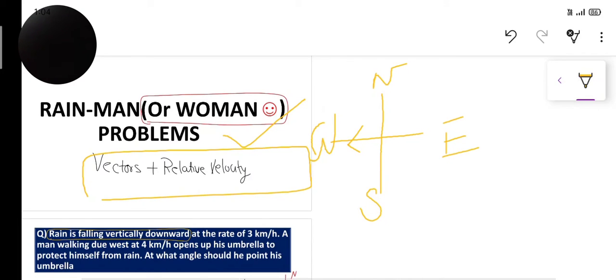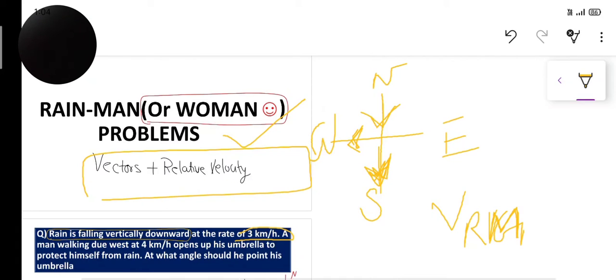Rain is falling vertically down, so it means like this. Rain is falling vertically down at the rate of 3 km per hour. Now, what is the velocity of rain with respect to man? This is the main direction of the velocity of rain with respect to man.